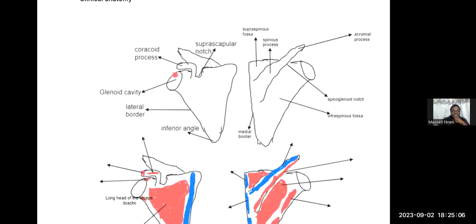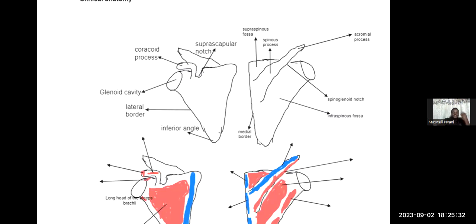With the apex oriented downwards. So once you pick the scapular bone and you find this apex, that is the inferior angle, and you orient it facing inferiorly. There is no time that this bone is placed with the apex of the inferior angle facing upwards. That's the reason why it's called inferior angle, okay?